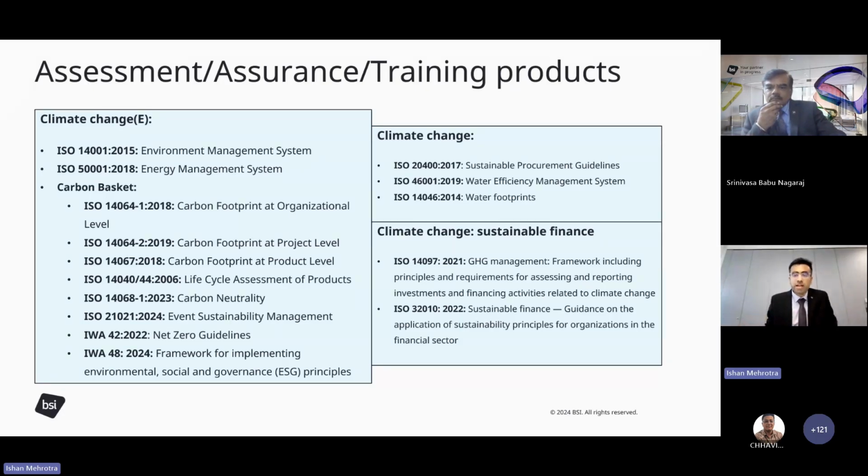For sustainable finance for NBFCs and BFSI, 14097 talks about GHG management for financing activities related to climate change, and 32210 talks about guidance on sustainability principles for the financial sector. So under climate change, these are just the high level ones. There are others as well.